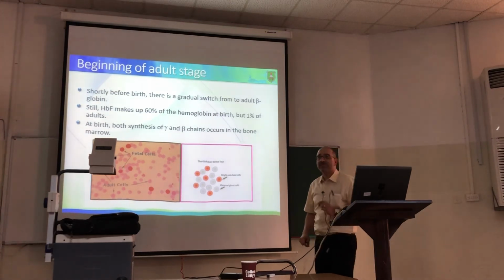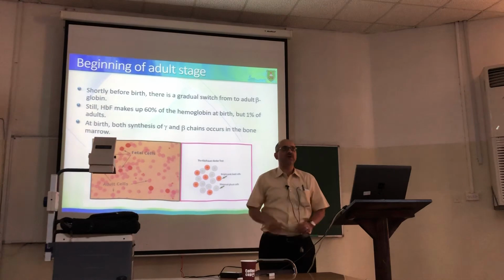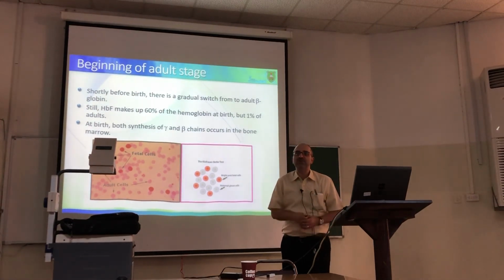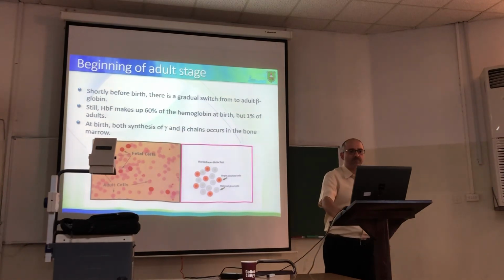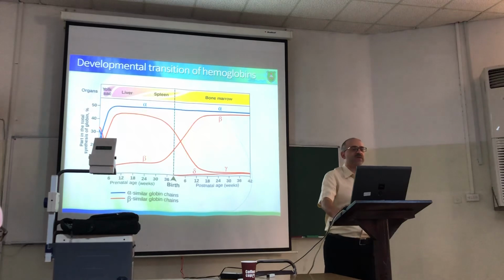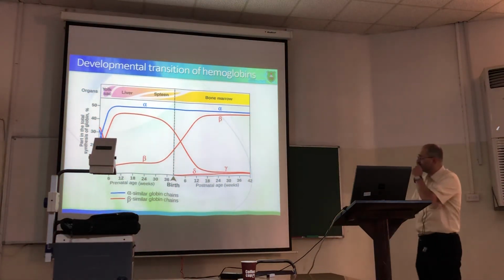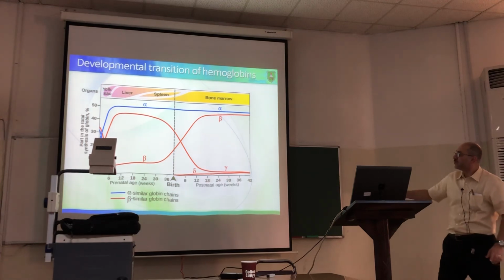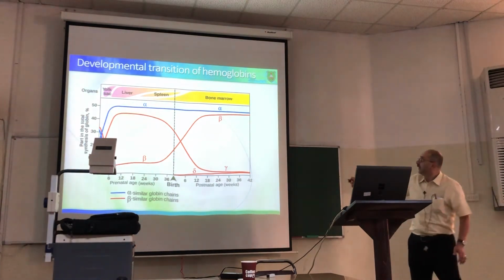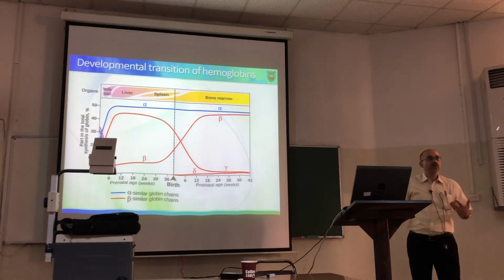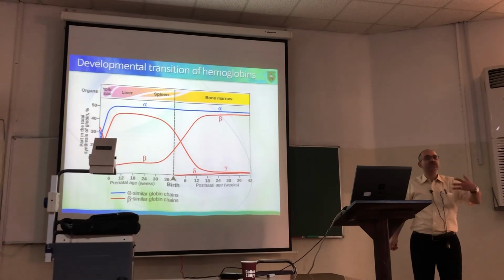Now you do have another hemoglobin known as HbA2, which is basically alpha 2, delta 2. And you have very little amount of the other hemoglobins, of the HbF and HbA2.